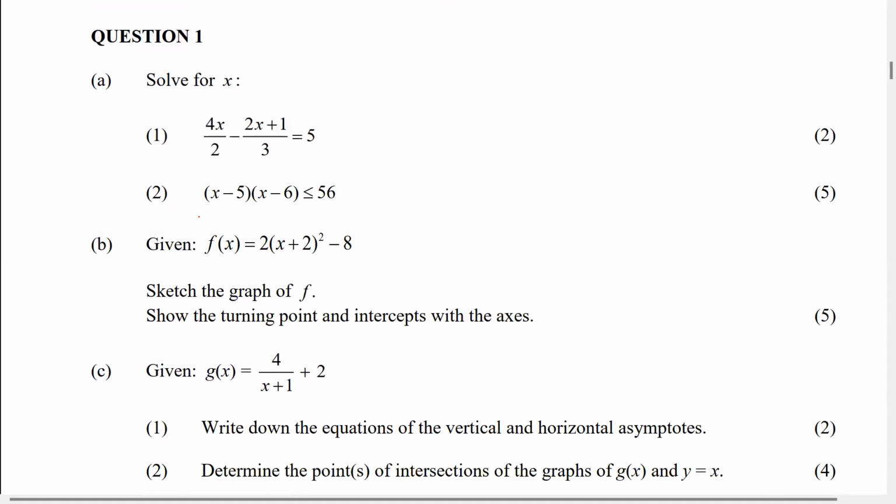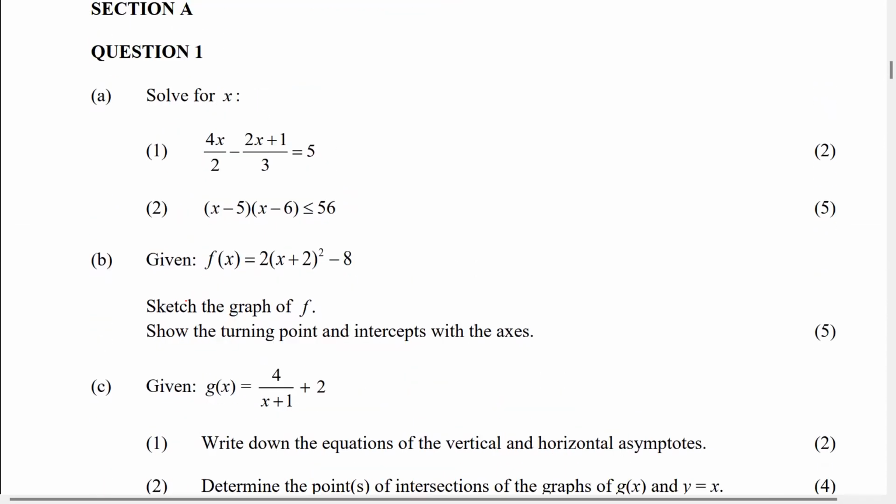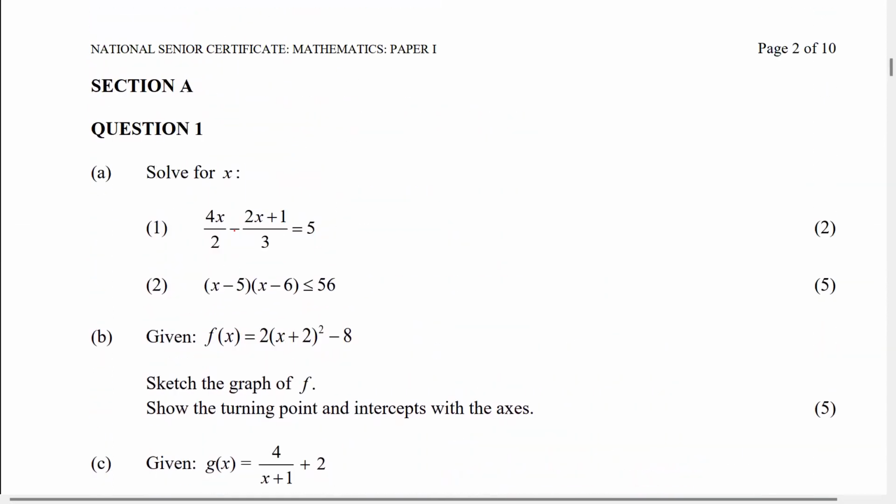Try this one, try A2. Try A2 because it's about inequality, so you want to see what you're going to do. It's 5 marks, which is a lot of marks. It was quite a hectic paper, this one.